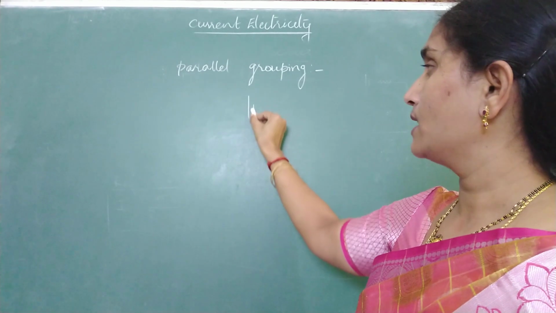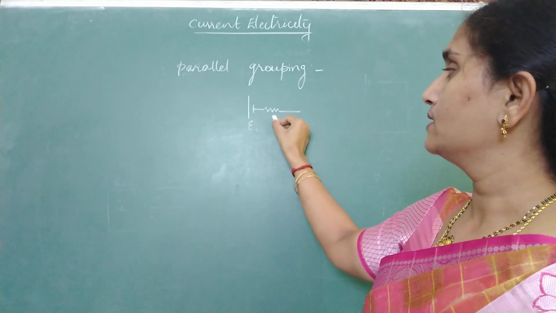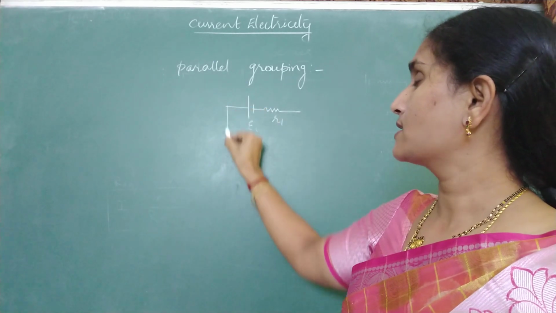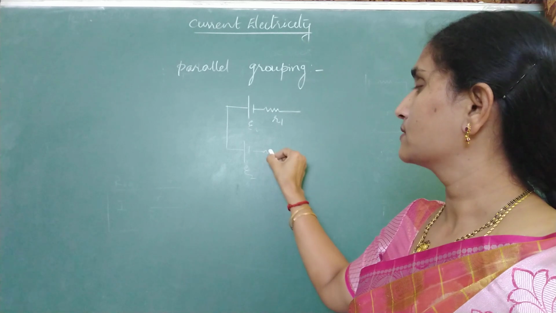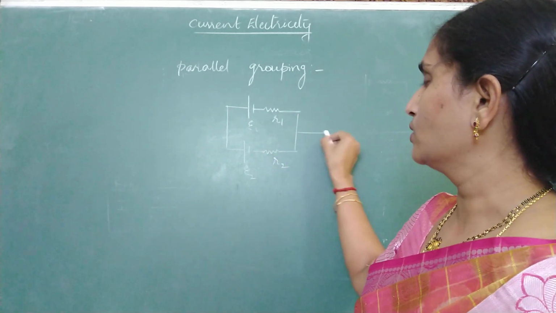Say I have two cells, of EMF E1 and internal resistance R1. This is connected in parallel to E2 and resistance R2.